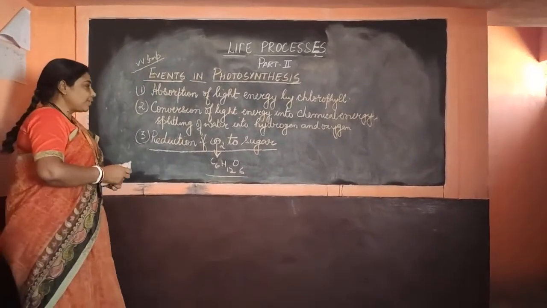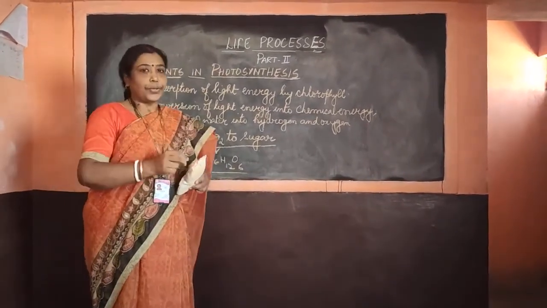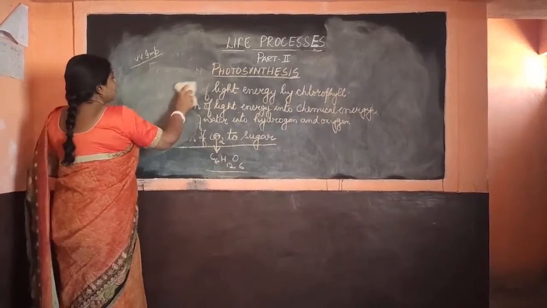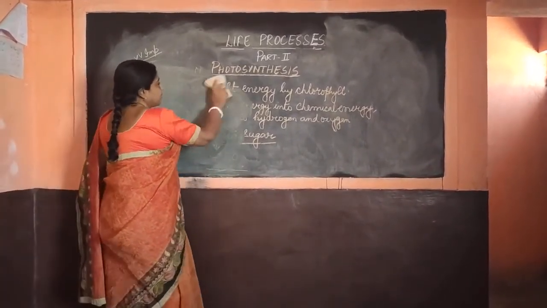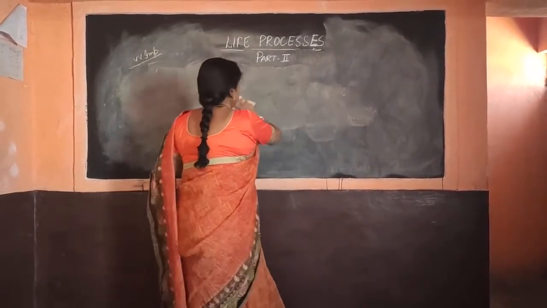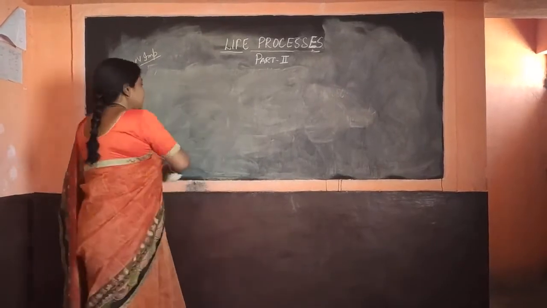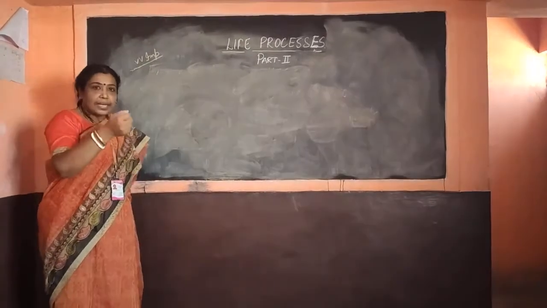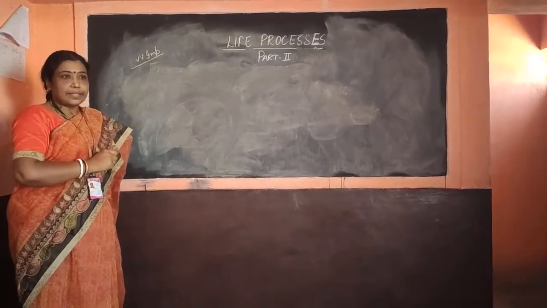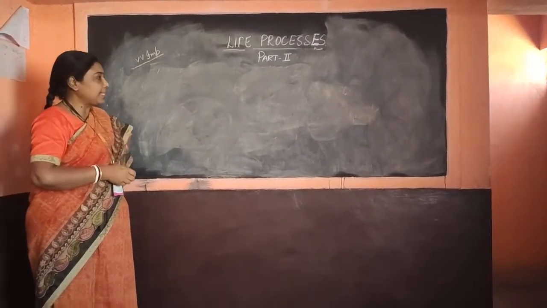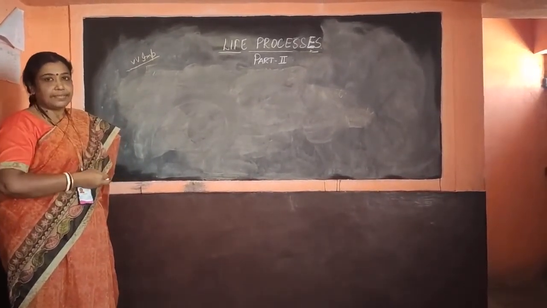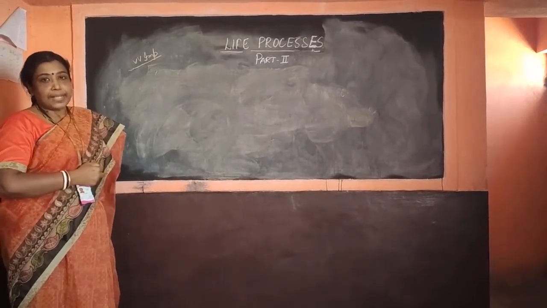Now children, I will draw the structure of the leaf which is there in your book, and you need to go through that. Now see, if you take a leaf and wonder that you cannot see the cells, of course you will not be able to see them, because you need to cut a section of the leaf and observe it under the microscope.